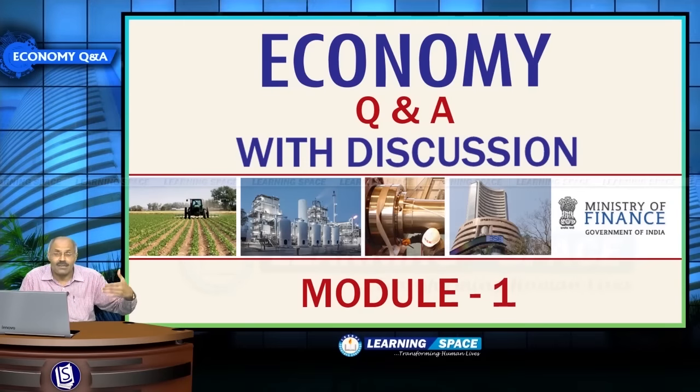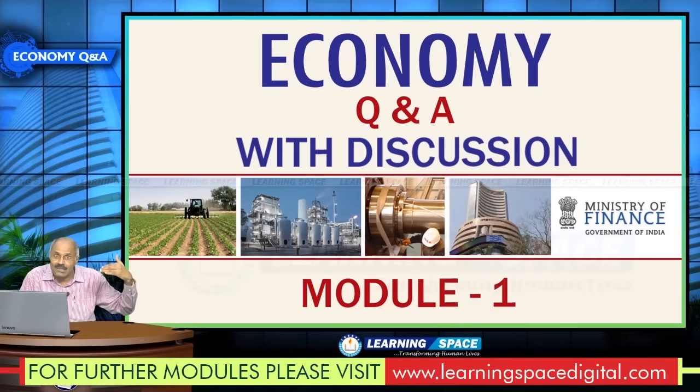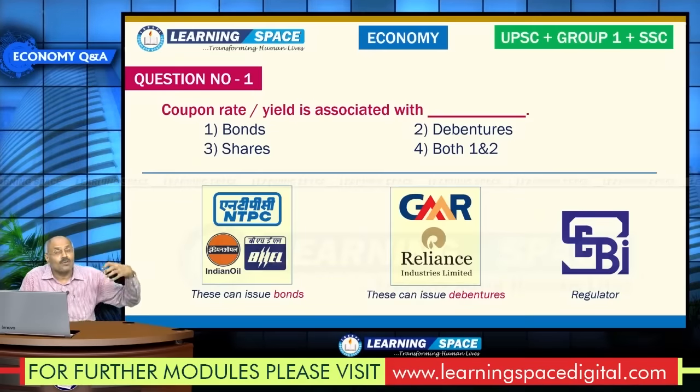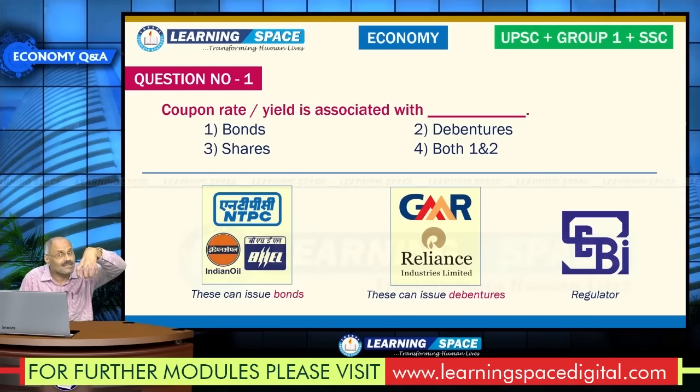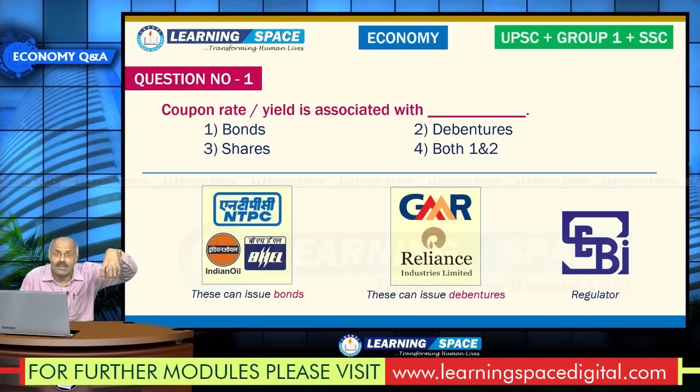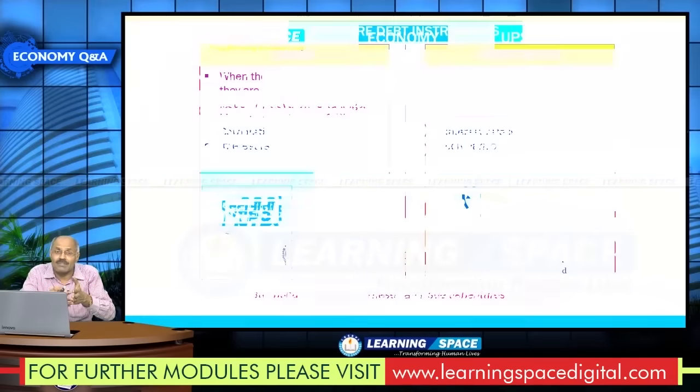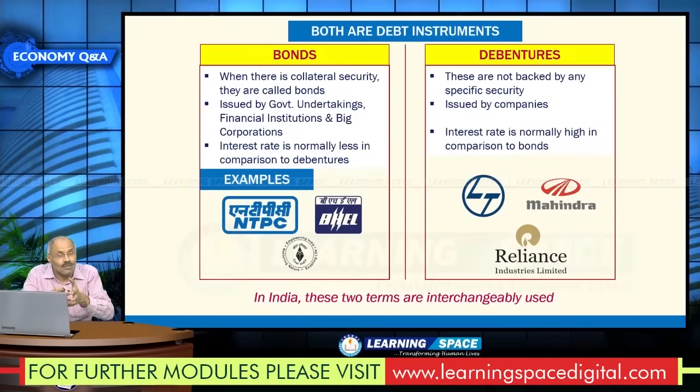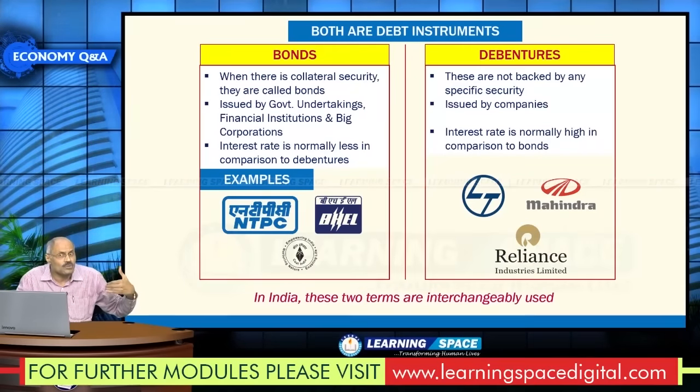First, we are starting the questions and answers with discussion, and look at the first module and first question. Coupon rate or yield, these are the terms associated with bonds or debentures. There is a slight difference between bonds and debentures. Bonds are normally issued by public sector undertakings as well as big corporations, and debentures are issued by companies.